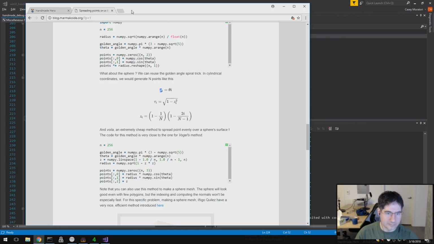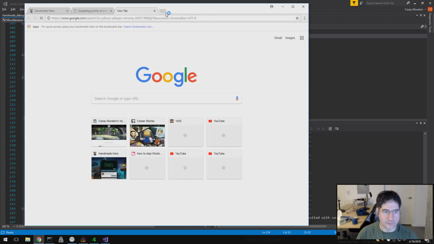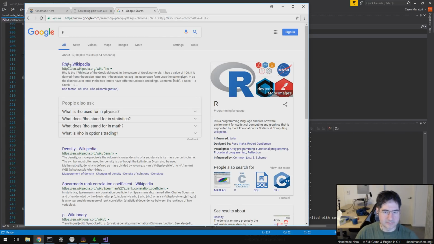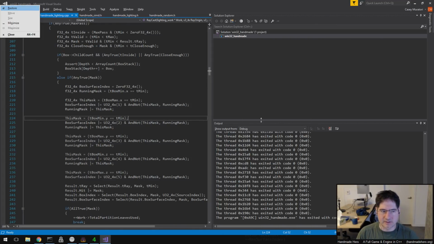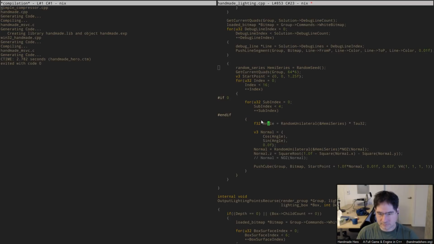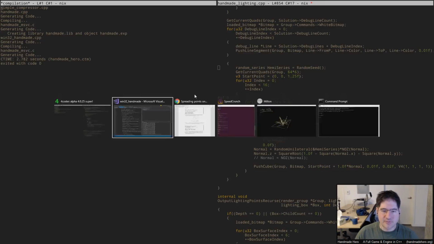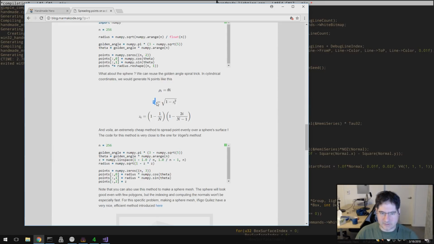For rho, not p. It's this guy. So anyway, we could make it like so. And right now we're just computing that as a random unilateral, but then we will introduce the spiral in a second there. So we've got the rho, then we've got this TI here.